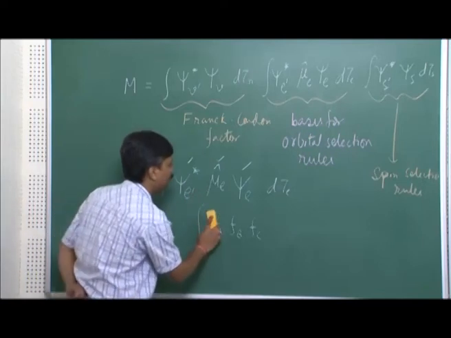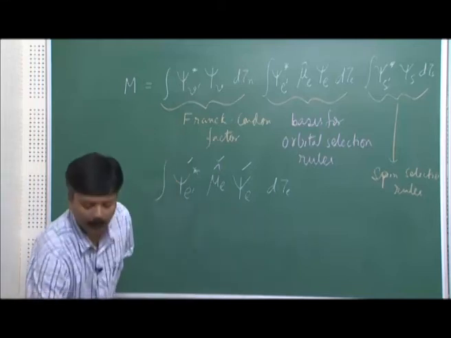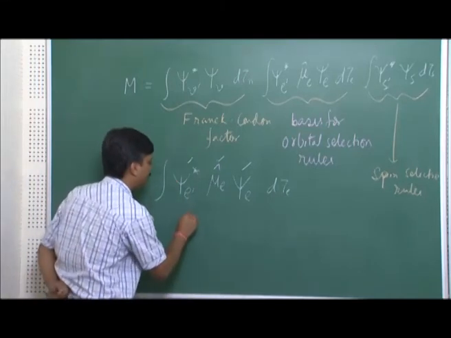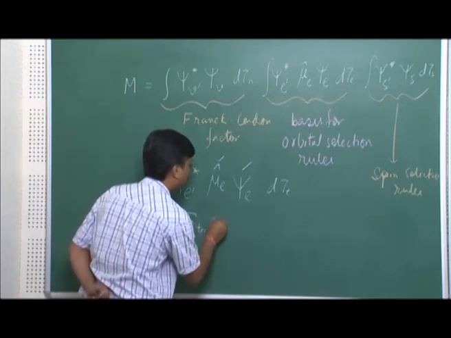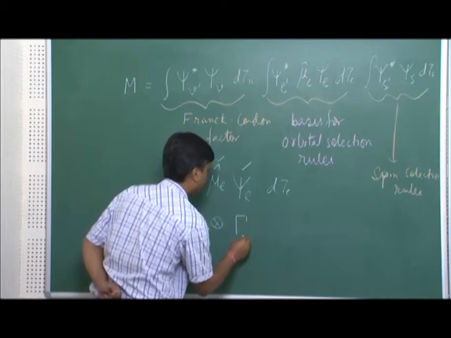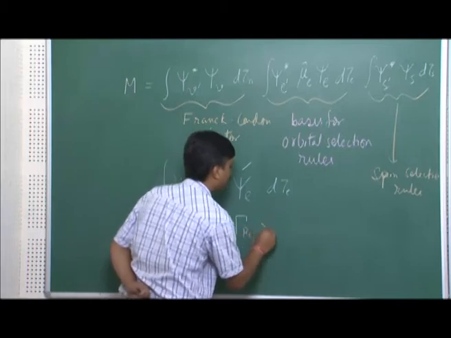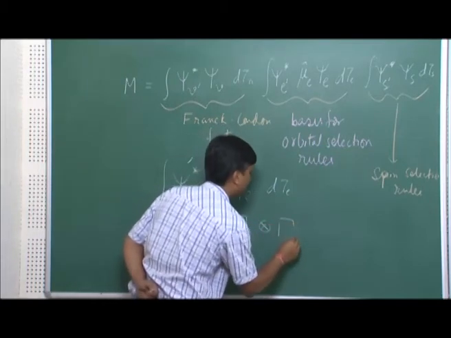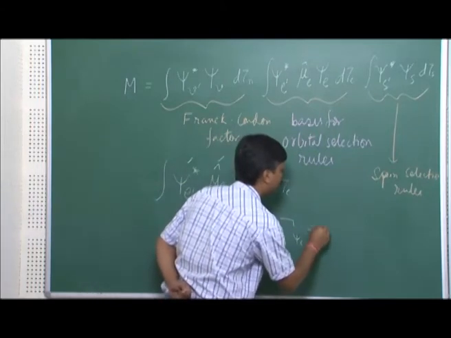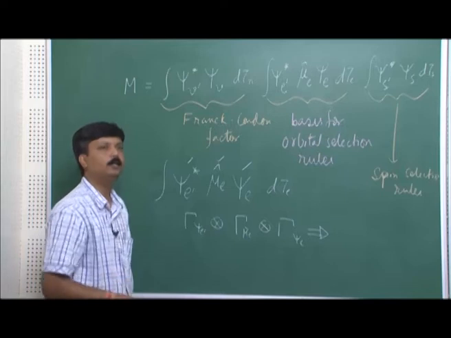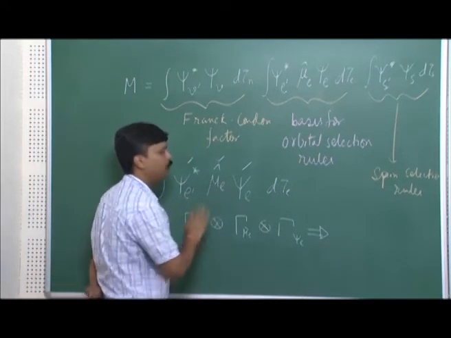My situation is now such that I have gamma of psi e prime, gamma of mu e, and gamma of psi e, this direct product, where these individual gammas are the irreducible representations according to which these individual functions transform.